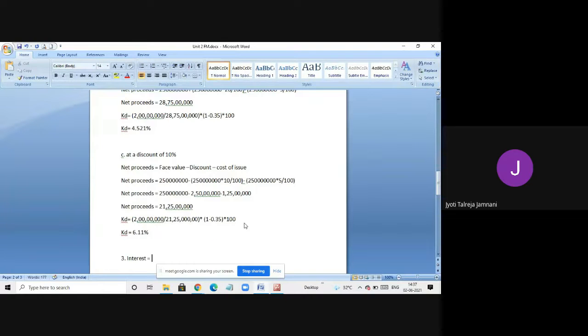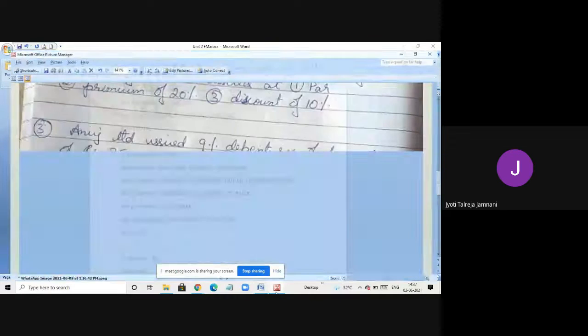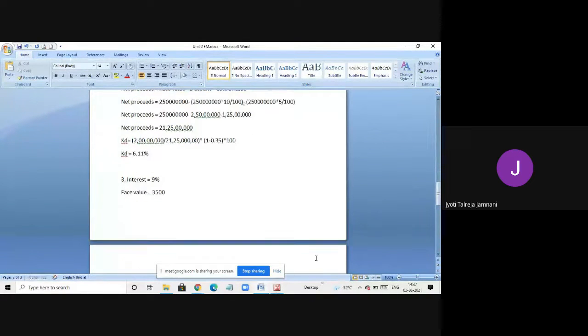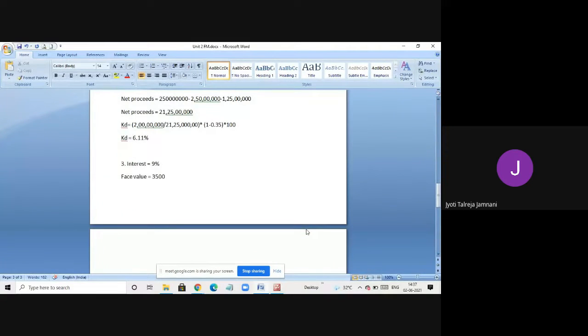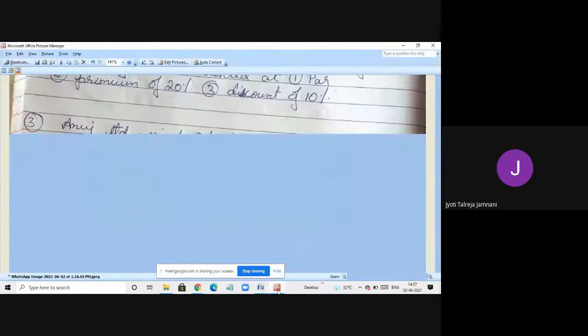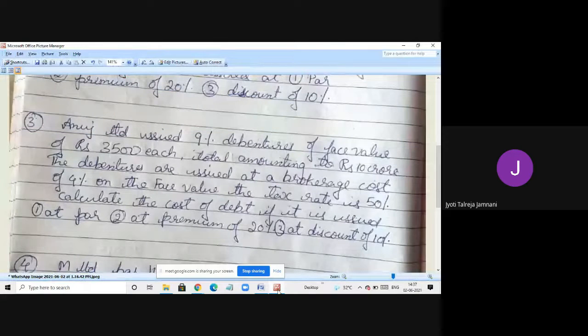Interest is 9%. Face value 3,500 each. Per debenture face value is 3,500 and the total face value is 10 crores, total amounting to rupees 10 crores.